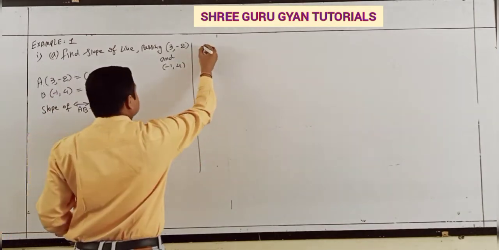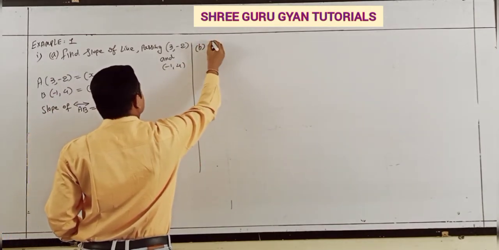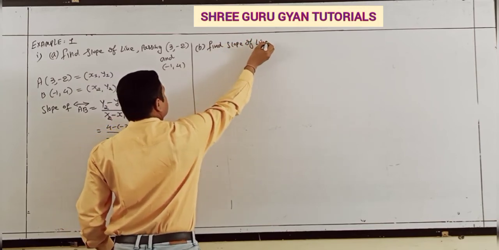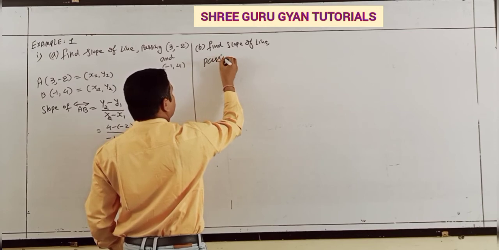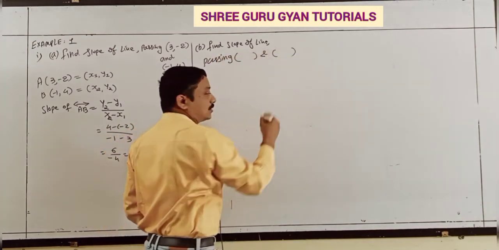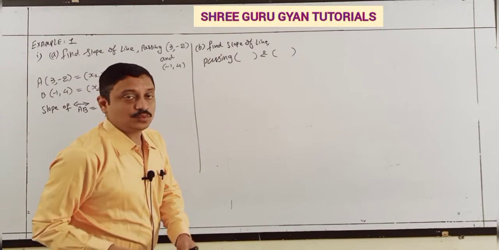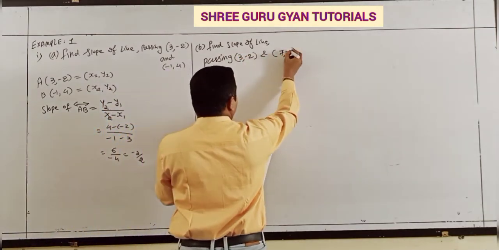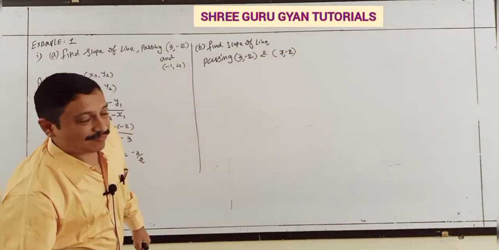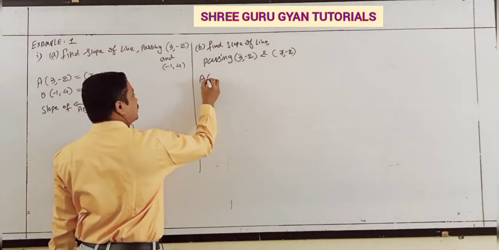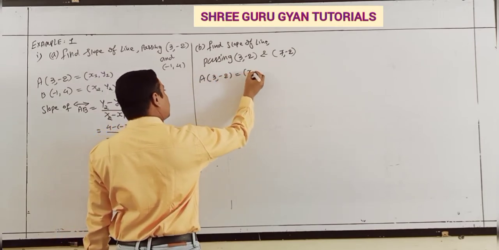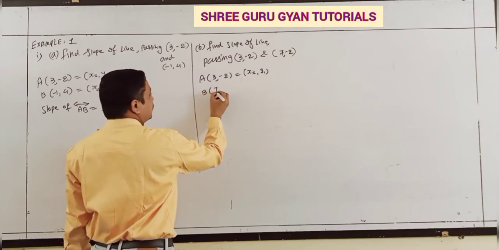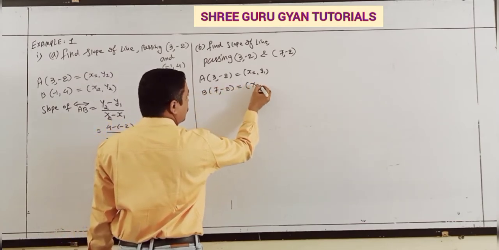Similarly, second: find the slope of the line passing through the two given points, 3, minus 2 and 7, minus 2. The formula is the same. Consider 3, minus 2 as x1, y1, and B is 7, minus 2, which is x2, y2.